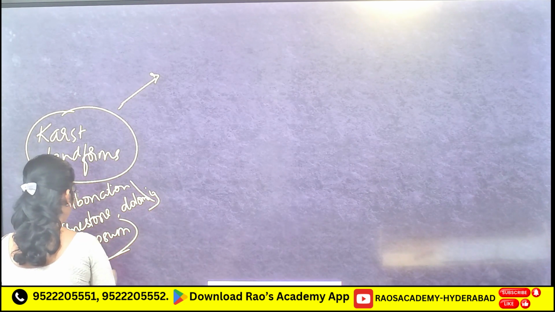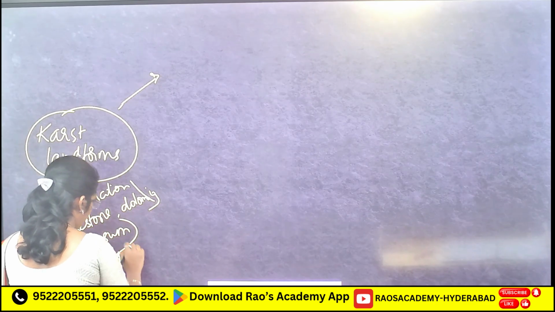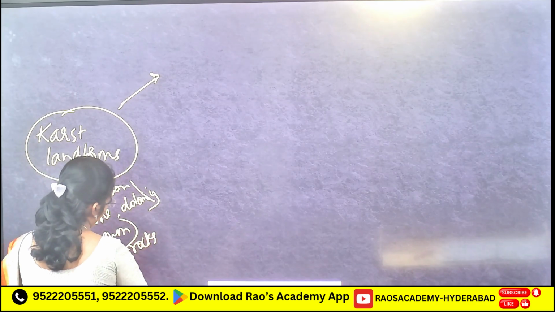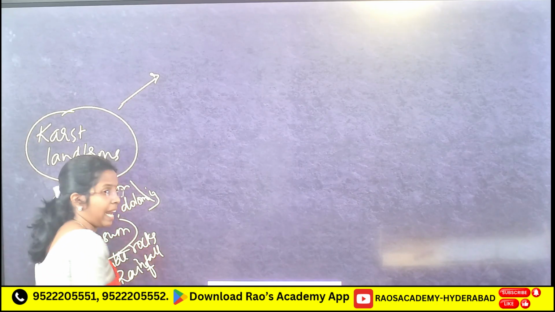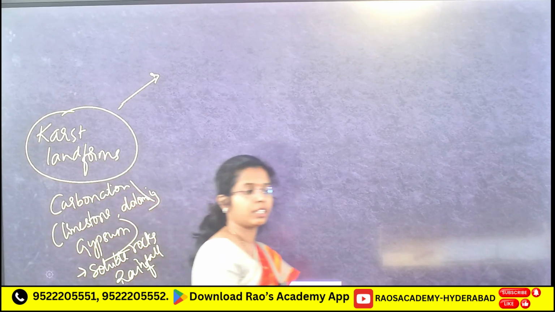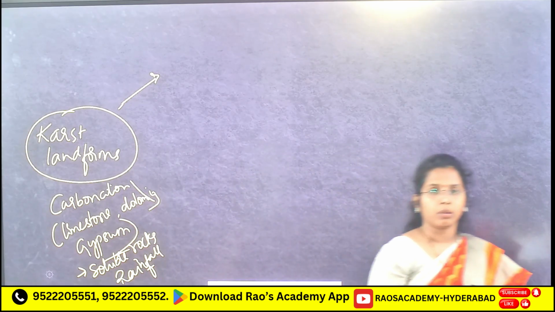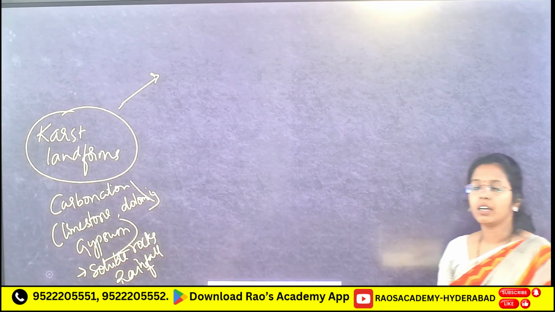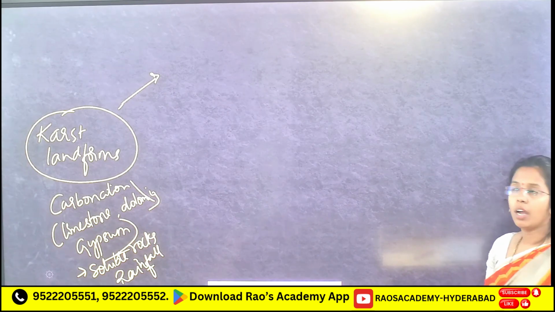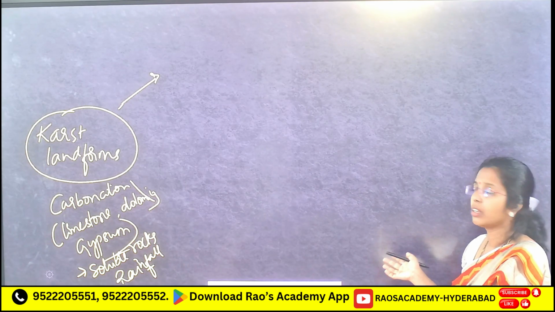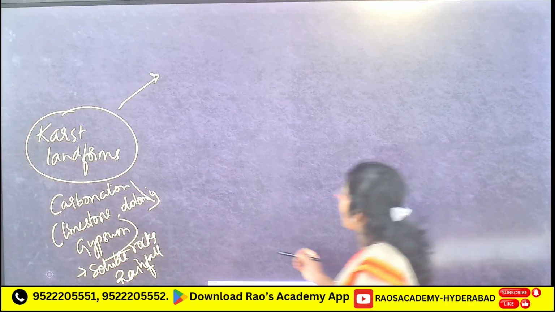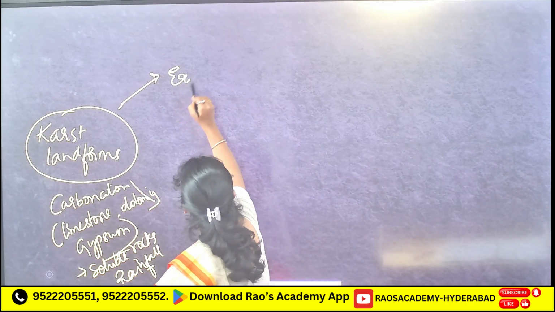Soluble rocks, rainfall. These stalagmites and stalactites, in the Meghalaya region where you will see heavy rainfall, and even in Andhra also; in some movies we have seen these caves.